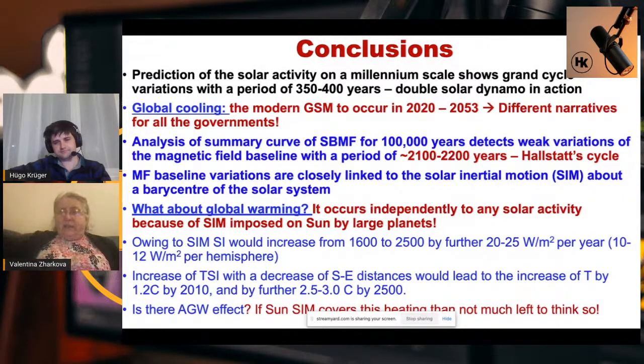But before 2600, the temperature will be increasing, and by what I calculated, the increase will be another 2.53 degrees. So we have to prepare ourselves after 2053 for a further increase of the temperature and then take measures.